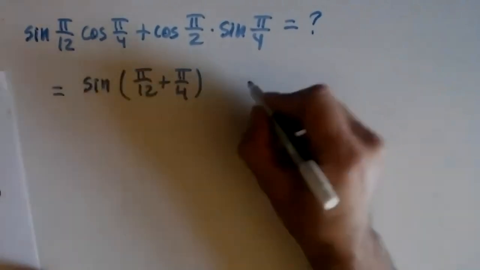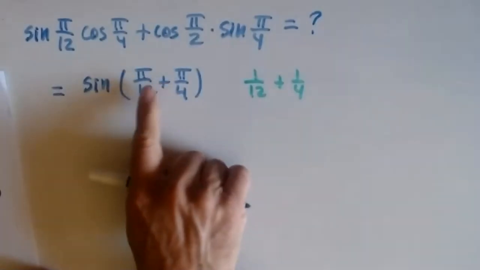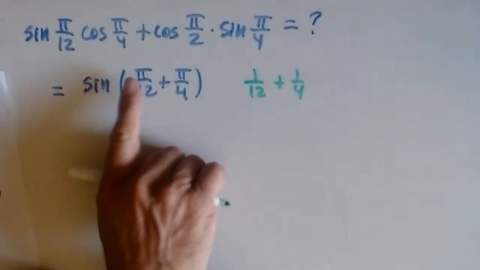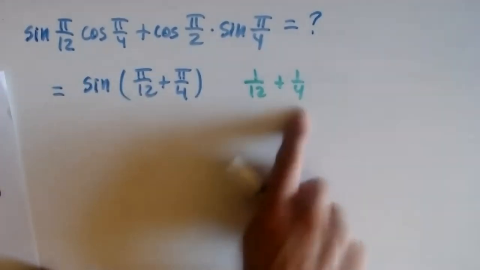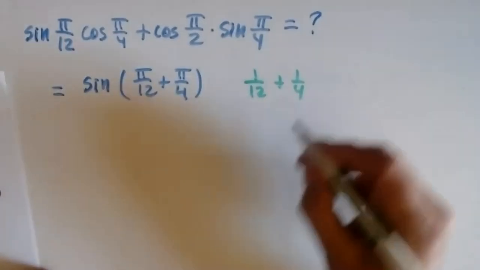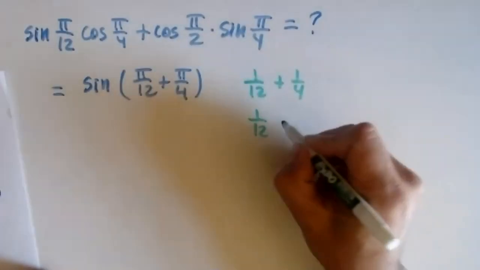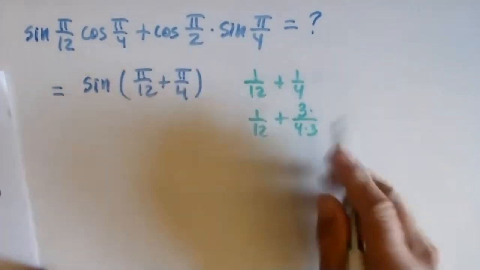Well, I have here 1 over 12 plus 1 over 4. Remember, the pi is a factor that you can move out, not out of the sine, out of these two numbers. And then you have to add these ones. This is 12, these are 4s. So you have to change your fractions: 1/12 plus 3 over 4 times 3.